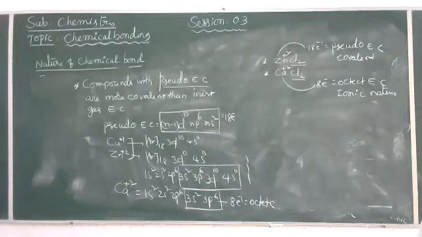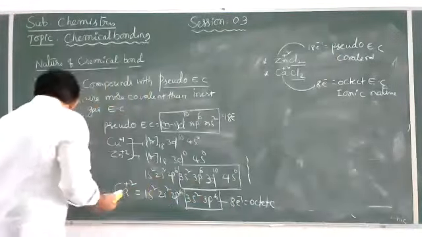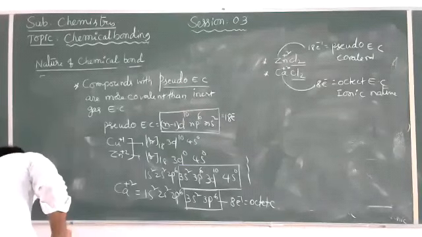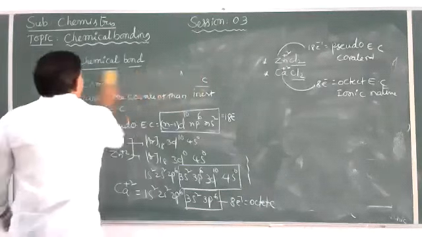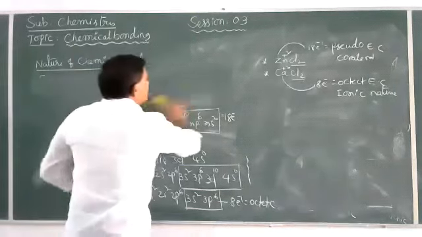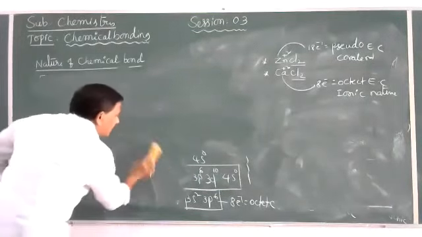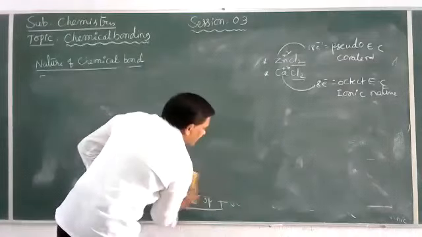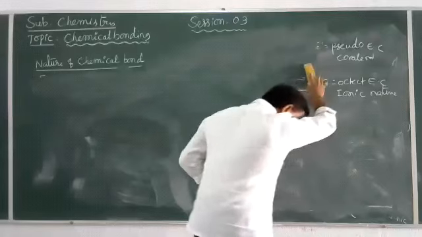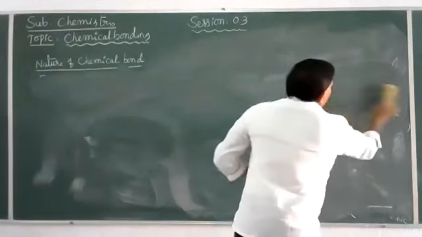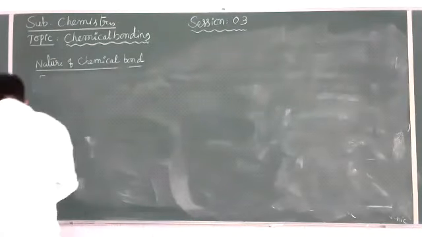Then the next important topic is formal charge. Generally, we know charge, oxidation state, valency, combining capacity. In redox reactions, we know how to calculate the oxidation number or oxidation state of each and every element present in a compound, according to some important rules of redox reactions.